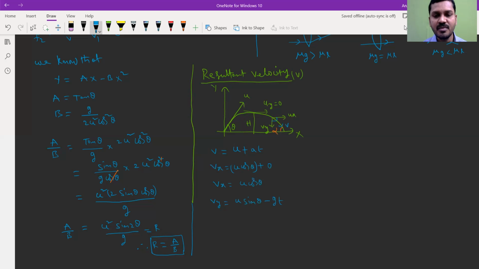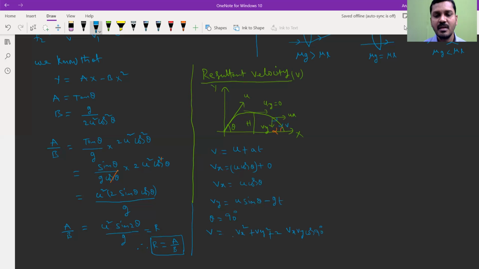The angle between these two is 90 degrees from the diagram. Therefore theta = 90 degrees. Then the resultant velocity v = square root of vx² + vy² + 2 vx vy cos 90. We know cos 90 is 0, so there is no need to take the third term.